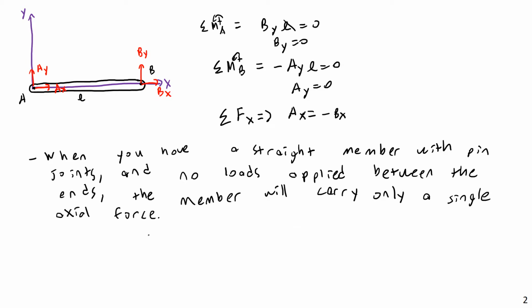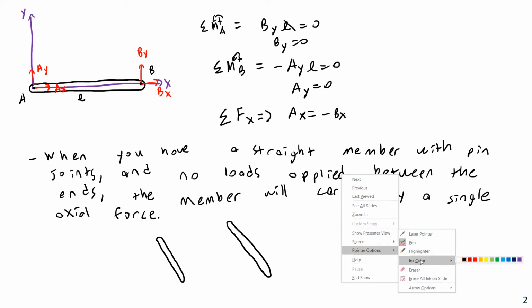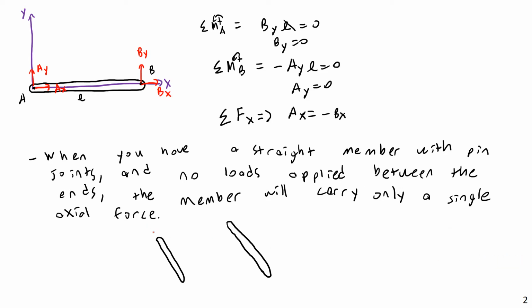And in terms of trusses, what this means is that truss members, I should say, because we're not quite talking about full trusses yet, just truss members, will carry a single axial force, and that's either going to be a tension force or a compression force. So let's show this. Basically, they either carry a tensile force like this, and we refer to this as a positive force.